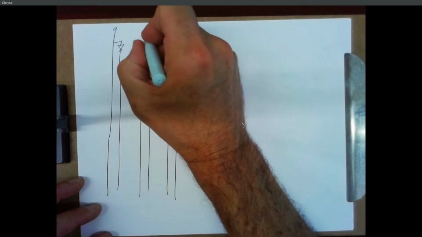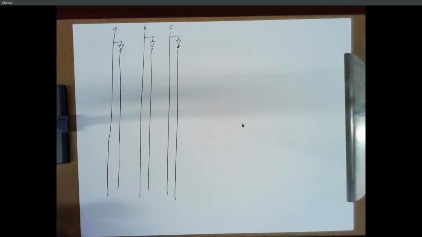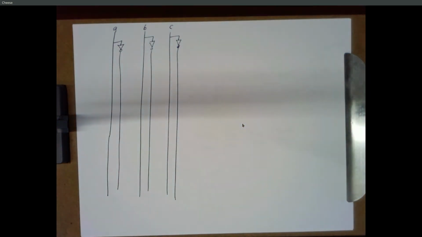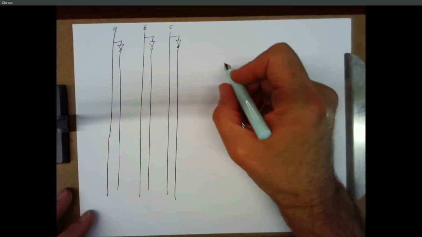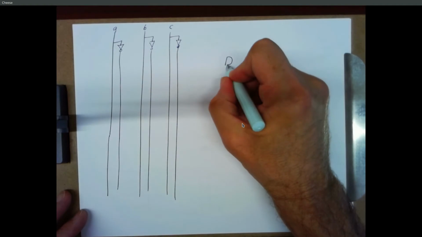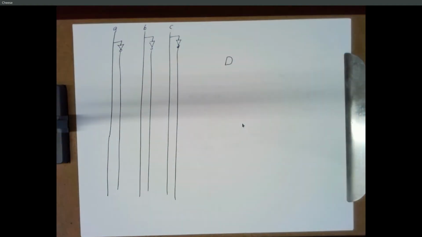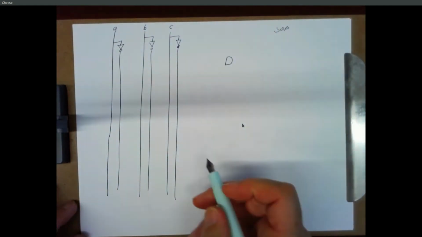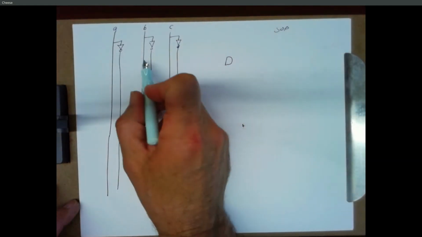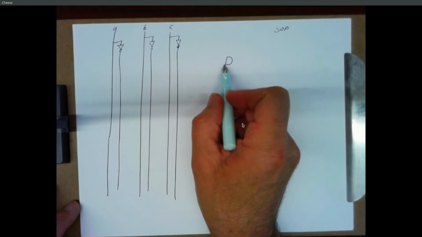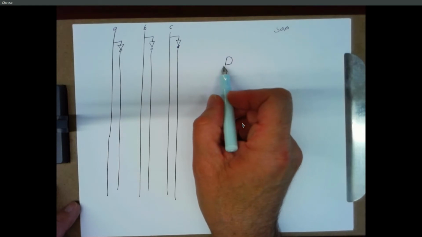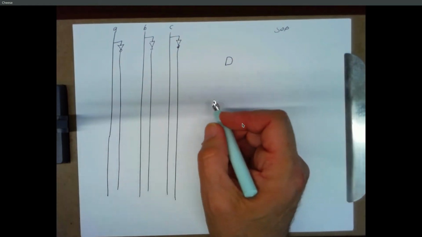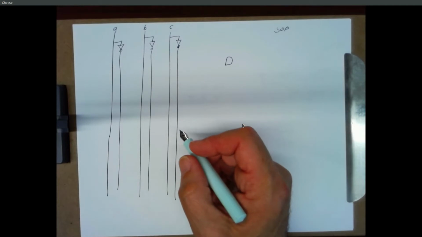So I don't know, maybe this is A, B, C. And we want to compute product terms if we're doing a sum of products. So we'd like to take a wire from, say, A and B bar and C bar and put that into an AND gate, right?